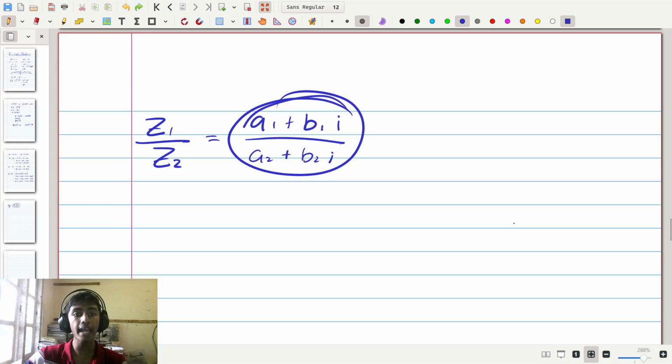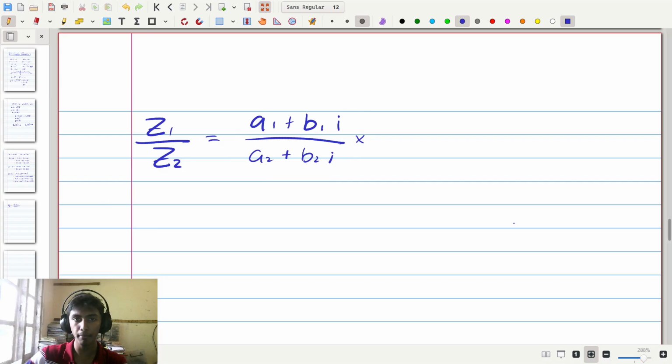However, we can simplify this down further if we multiply the top and the bottom by, instead of a2 plus b2 i, a2 minus b2 i. Now if we do that multiplication and we multiply the top and the bottom by a2 minus b2 i, we will see something interesting happen.